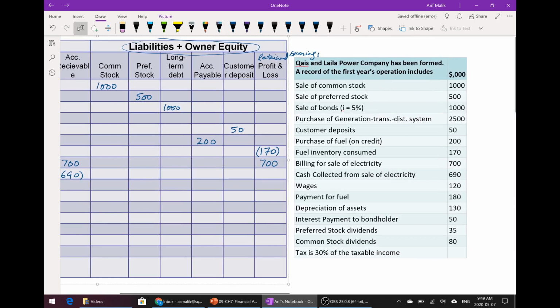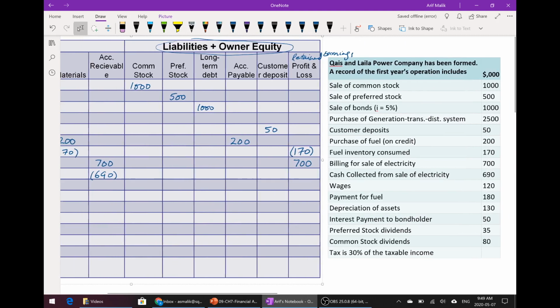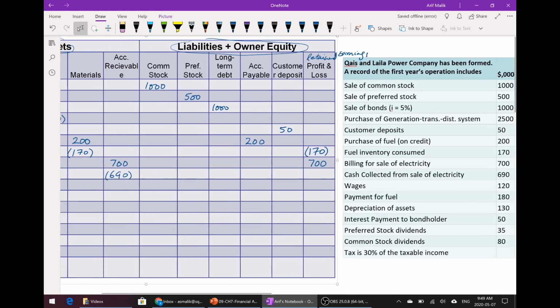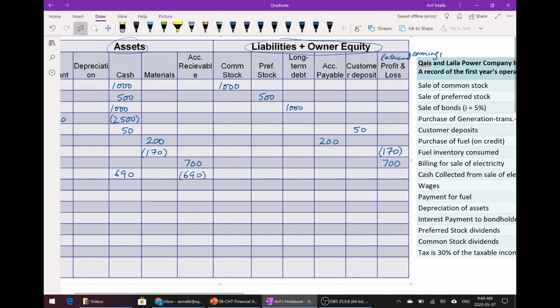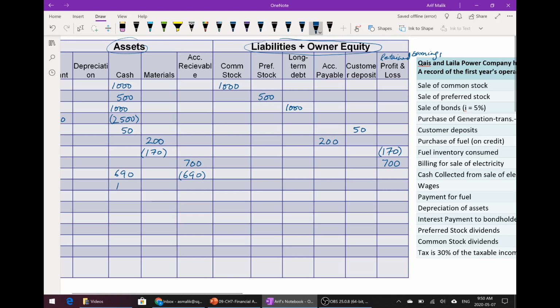The next item is wages. Wages is 120. So we have given the wages. It means that the cash has been reduced. Okay, the cash is reduced by 120. And wages is expenditure.